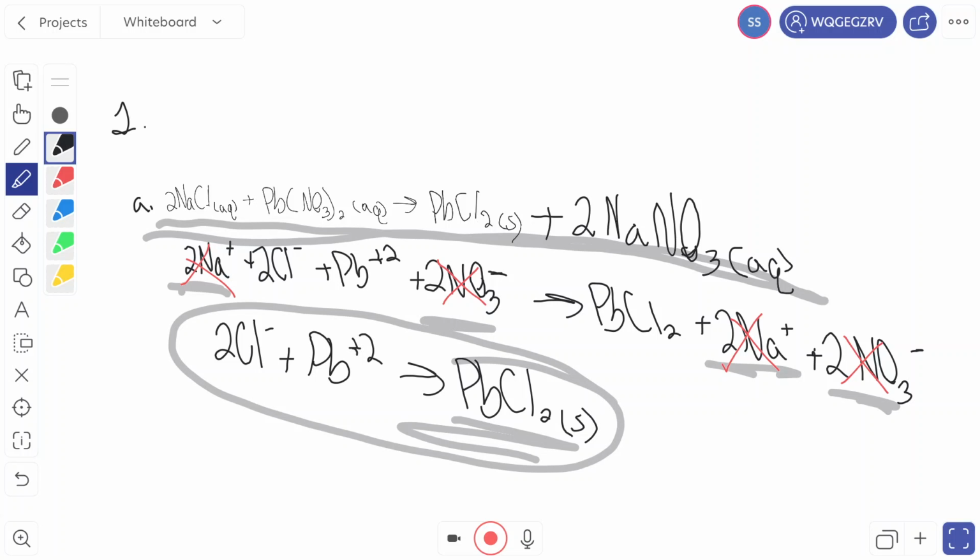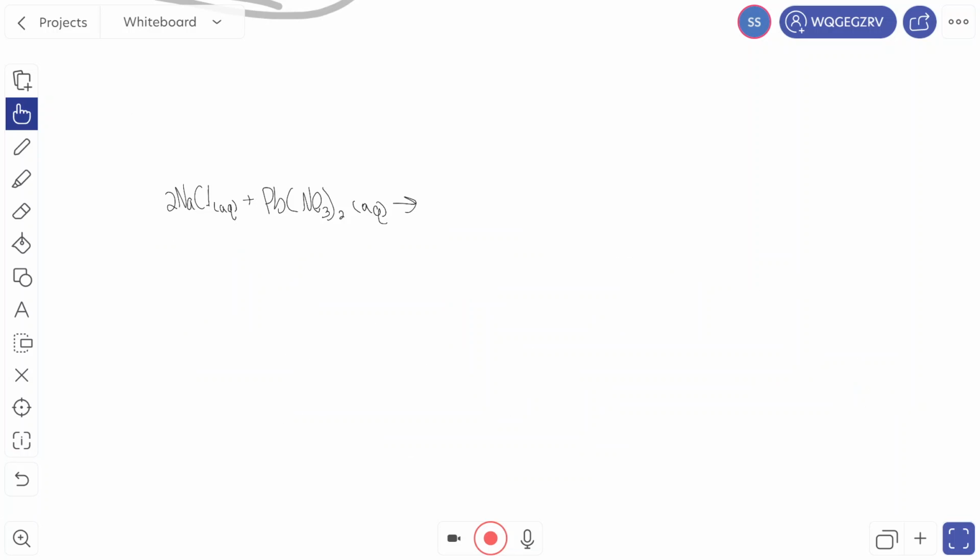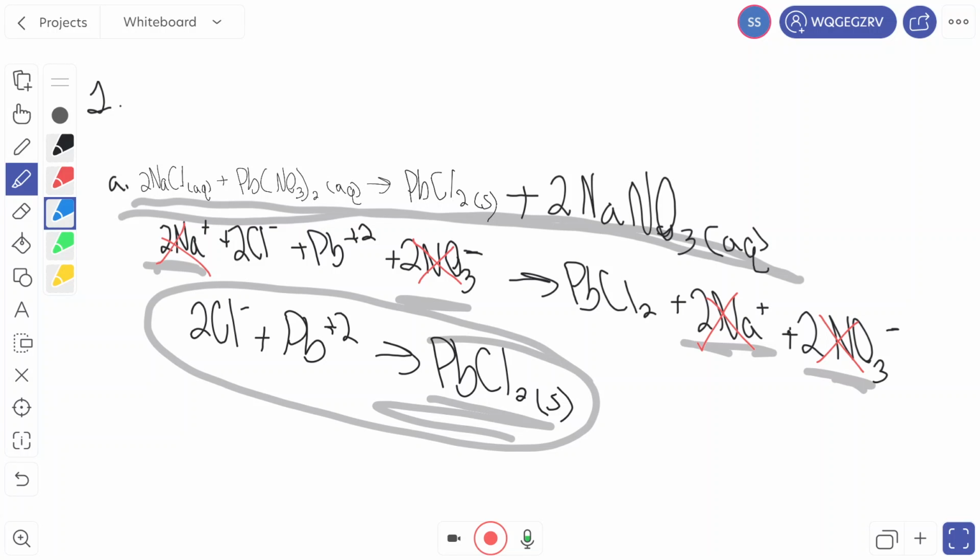Now I'm going to do one with single replacement. Bear with me because I'm going to have to sort of make this one up as I go. So basically, you're just going to predict your products, which is done by doing a little swap here.